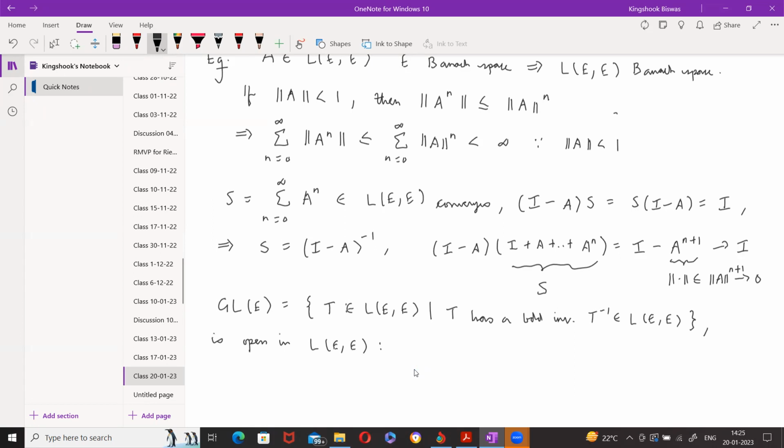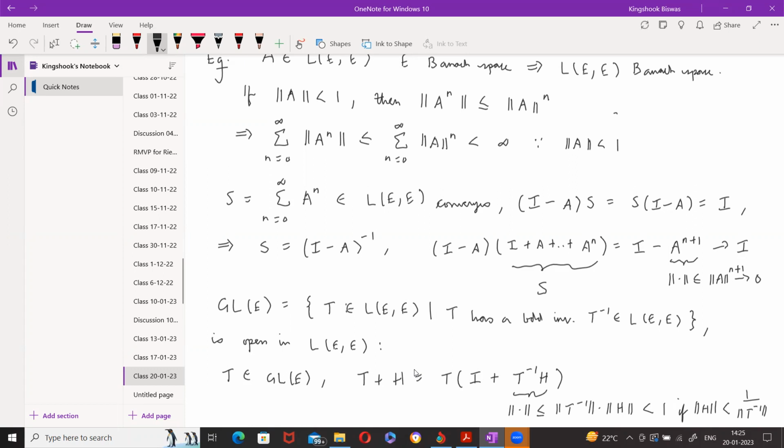because if I take any T which is in GLE, then if I take T plus another operator H, I can write this as T, because T is invertible, as T into identity plus T inverse H. And the norm of this term is less than or equal to norm of T inverse into norm of H. So this is strictly less than 1 if norm H is less than 1 over norm T inverse.